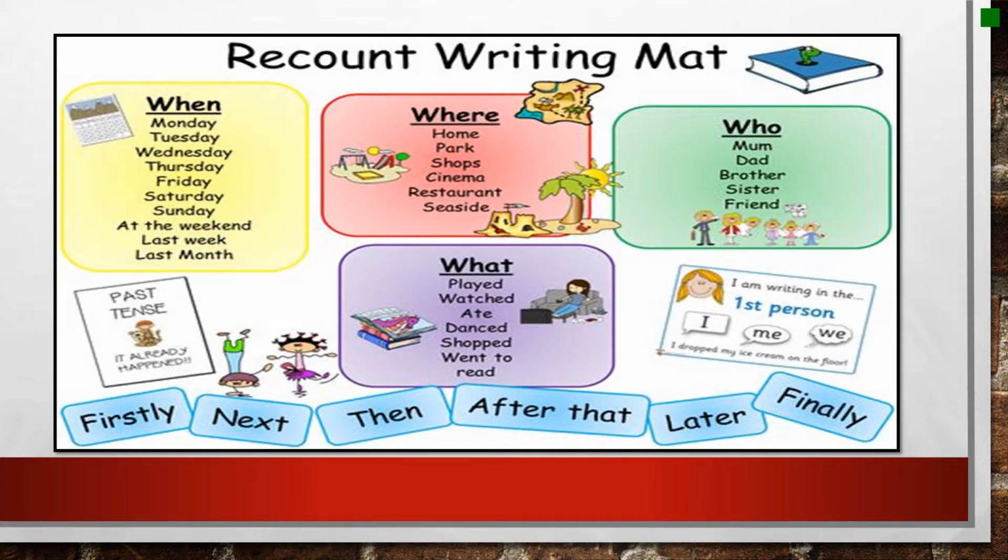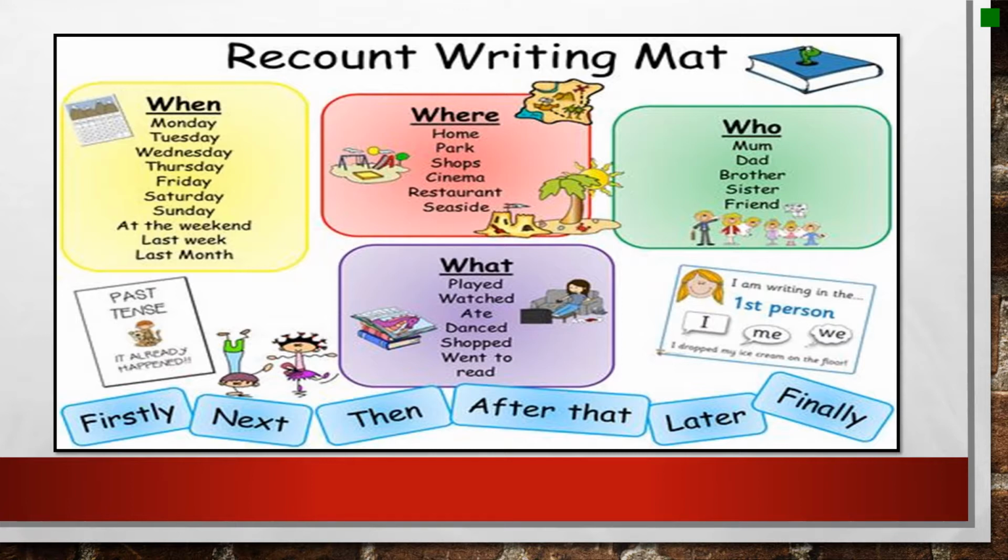Okay, so again, here are some things to keep in mind when you're writing. This is a recount writing mat. You can use this. So the when, these are all the dates: Monday, Tuesday, Wednesday, Thursday, Friday, Saturday, Sunday, at the weekend, last week, last month. Those are some examples. The where, here are some examples: home or at the park, shops, cinema, restaurant or at the seaside.